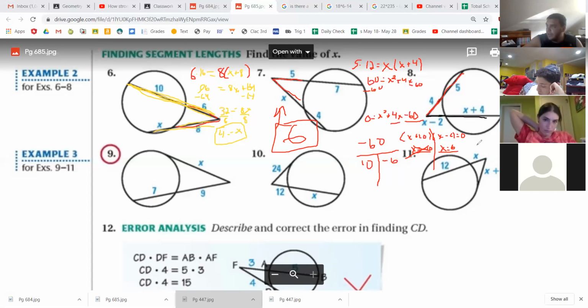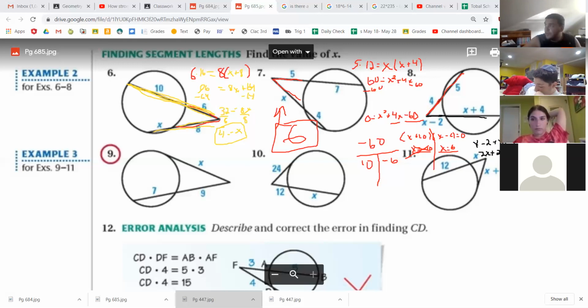Now the whole line is x minus 2 plus x plus 4. That ends up being 2x plus 2. So we're going to write that as 2x plus 2. Again, this section is hard actually because of the algebra. Usually the algebra is the easier part. Here the algebra is the harder part.